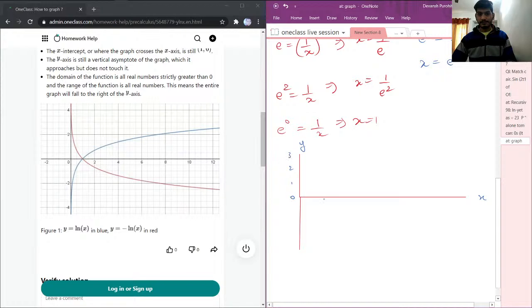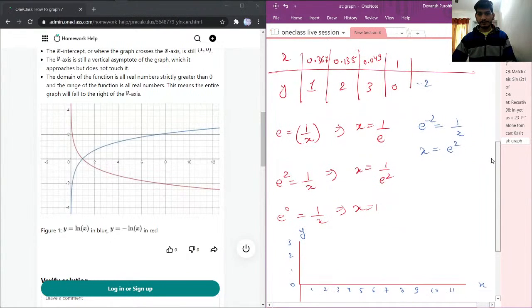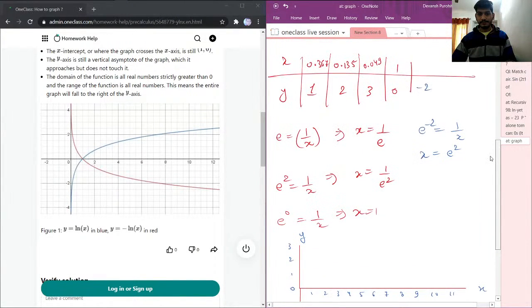For 0 we have x as 1. Now for y equal to 1, I have 0.36.